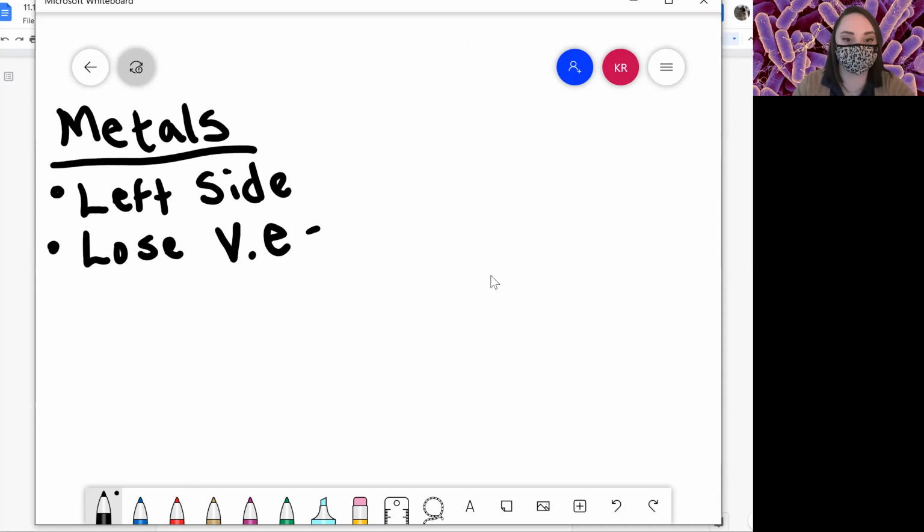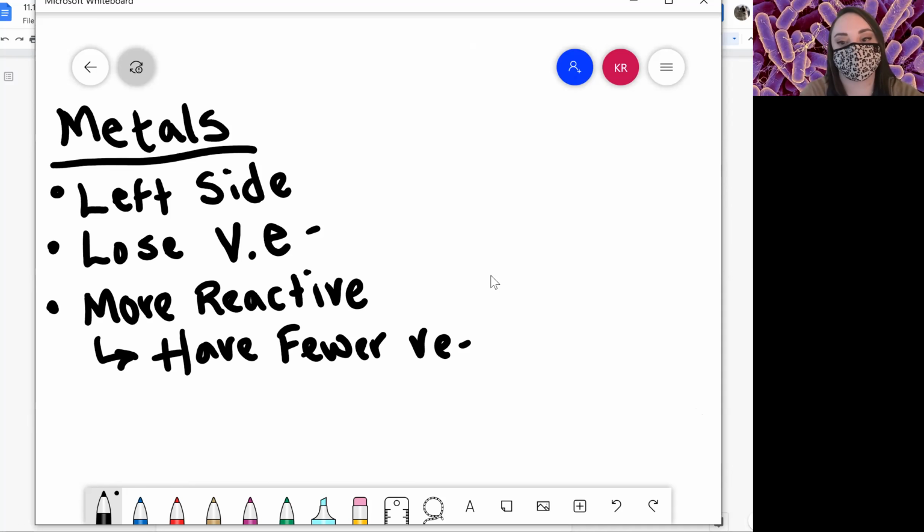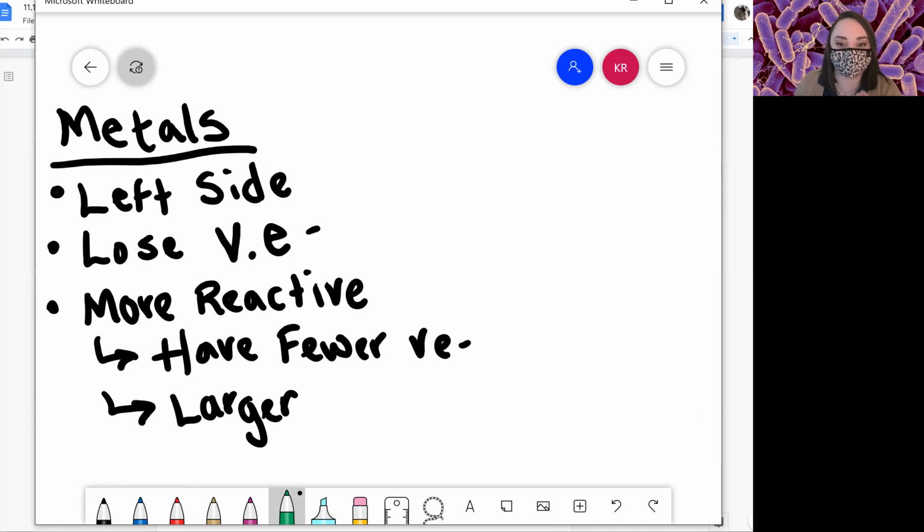And we know that they are more reactive if they have fewer valence electrons and if they are larger. And so again, let's take a second and just make sure we understand why this is.